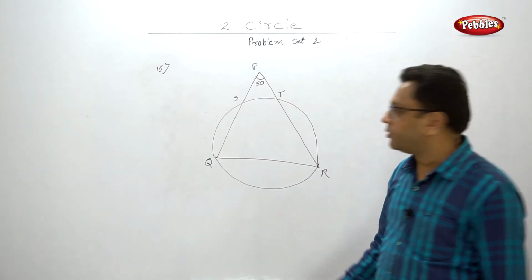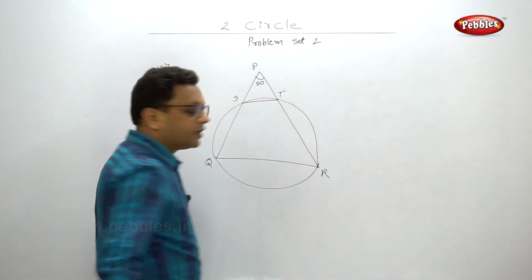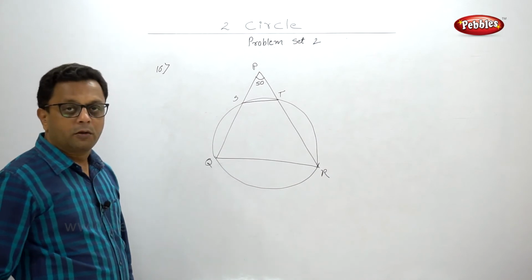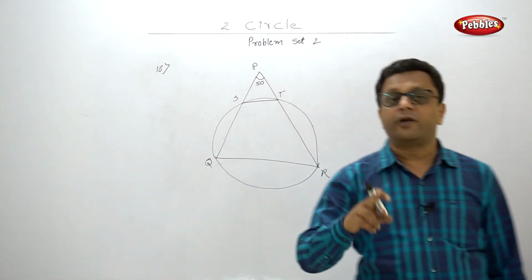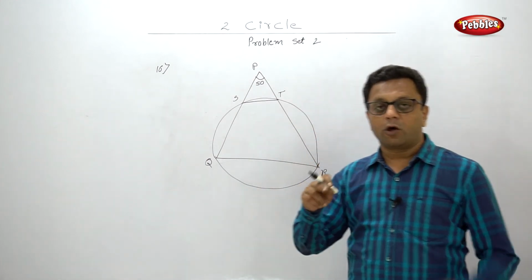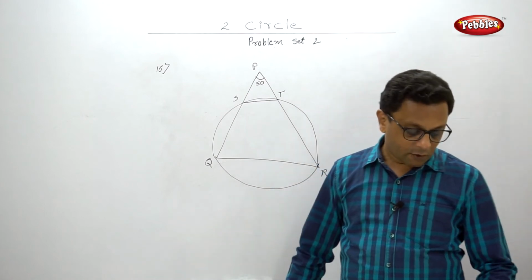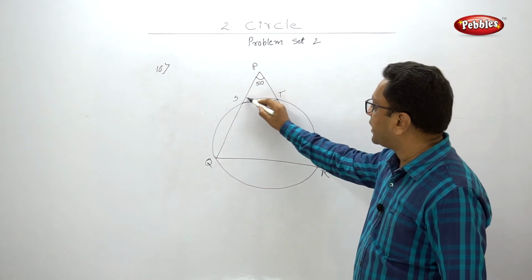ST is joined. Now we have to join ST. My figure is not very proper because I have drawn it by rough hand. You have to draw a proper circle and proper figure, okay? Even the rough figure should be proper, drawn with a proper circle and proper scale. We have to find angle PST. This angle is to be found out.